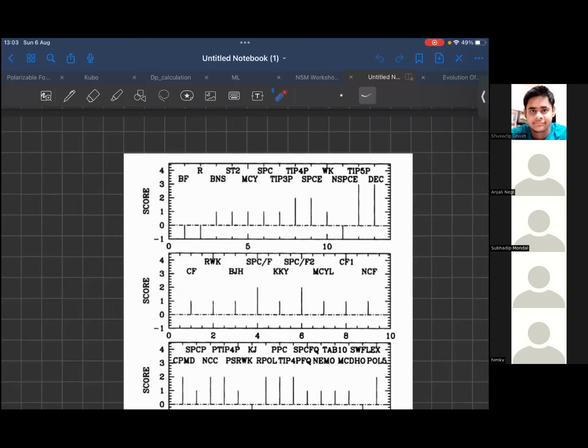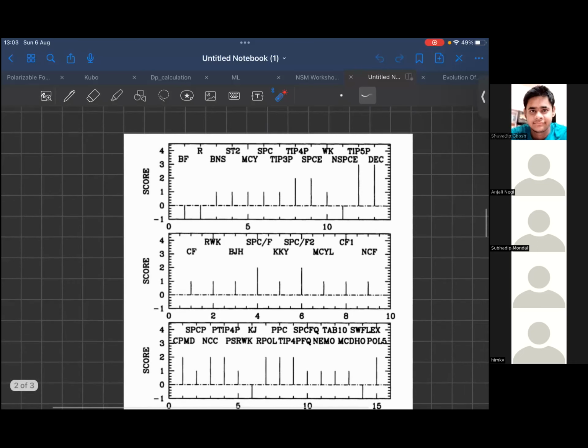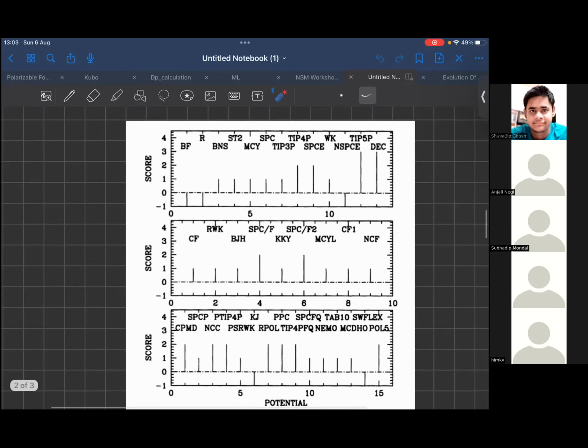So making a water model and validating it against experiment was not that easy at that time, because the experiment was also uncertain. Later people did experiments and settled on a value, and in this review paper they have assigned a score for every water model.